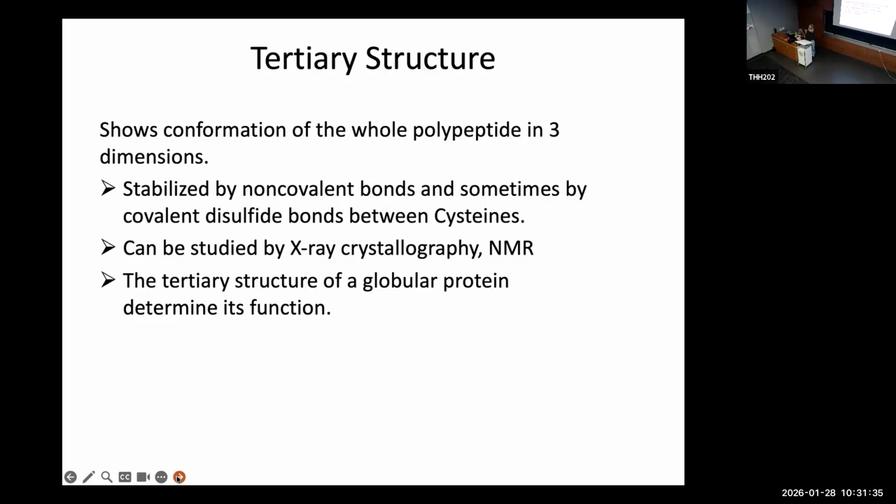If the cysteines lose their protons that are at the end of the sulfurs, you can get two sulfurs coming together to form a covalent bond. And that can stabilize a tertiary structure as well. People tend to study protein structure by X-ray crystallography or NMR.